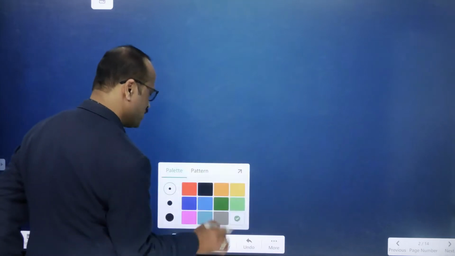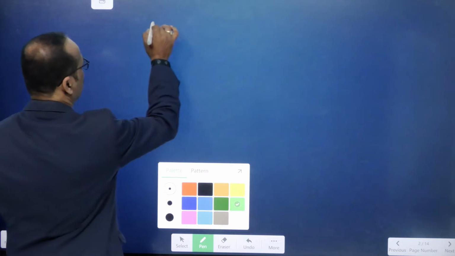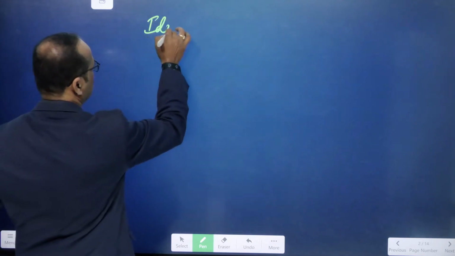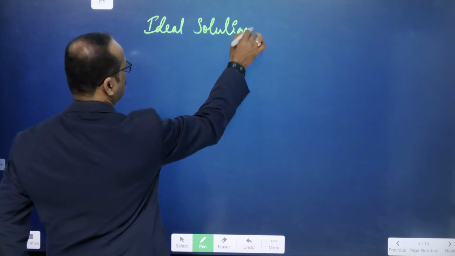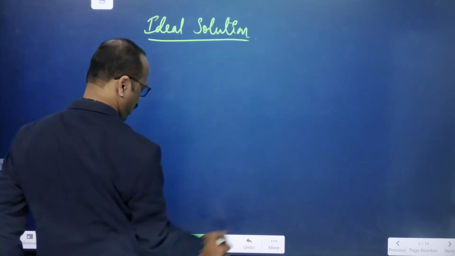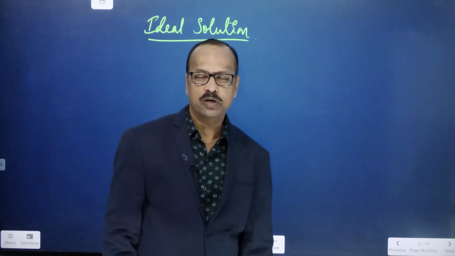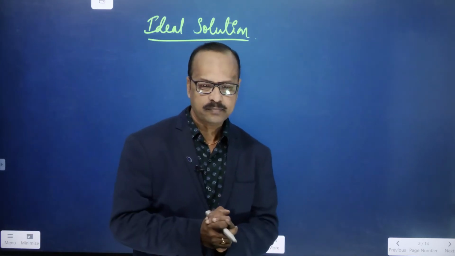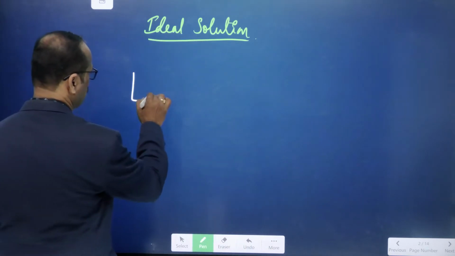First we discuss a few properties of ideal solutions, not many, just a few. For example, we are taking two beakers.